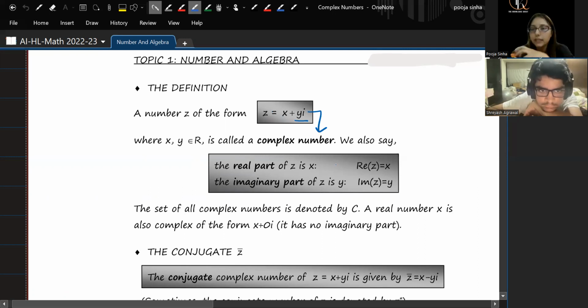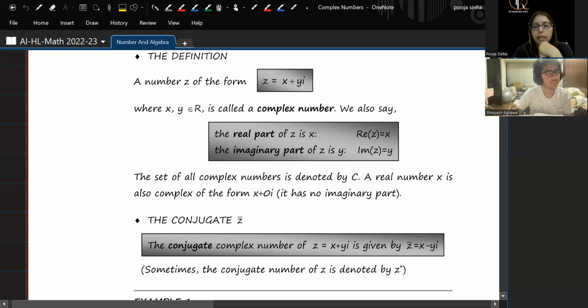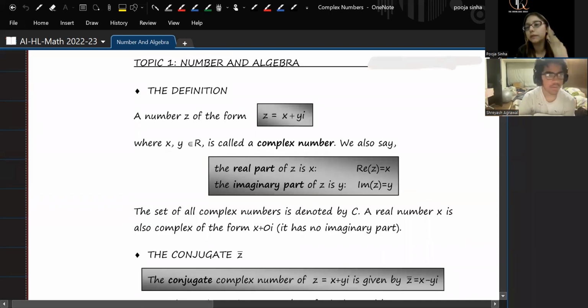X is the real part and the one which contains i is the imaginary part. So the real part is X and the imaginary part is Y. There are certain terms we are learning.